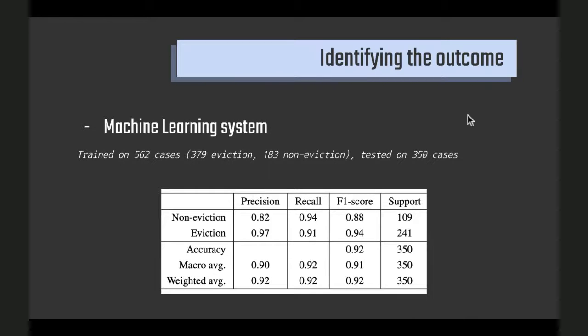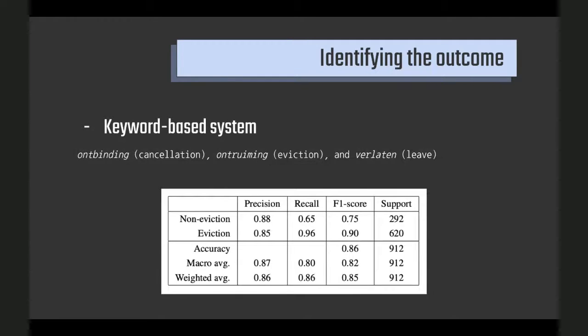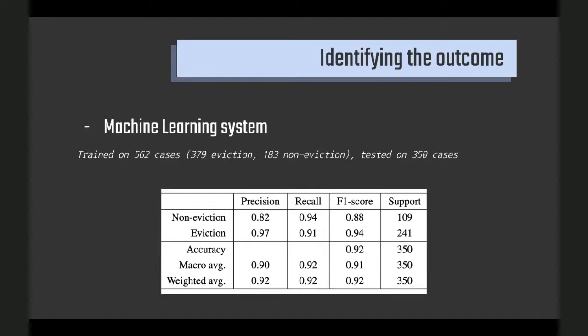But for machine learning, you have to take out a lot of cases to train, which means that somebody, in our case, once again very helpful research assistants, had to annotate and tell us whether a case is actually eviction or non-eviction, and we could test it on 350 cases that we had available. But nonetheless, we got a much higher accuracy compared to a keyword-based system.